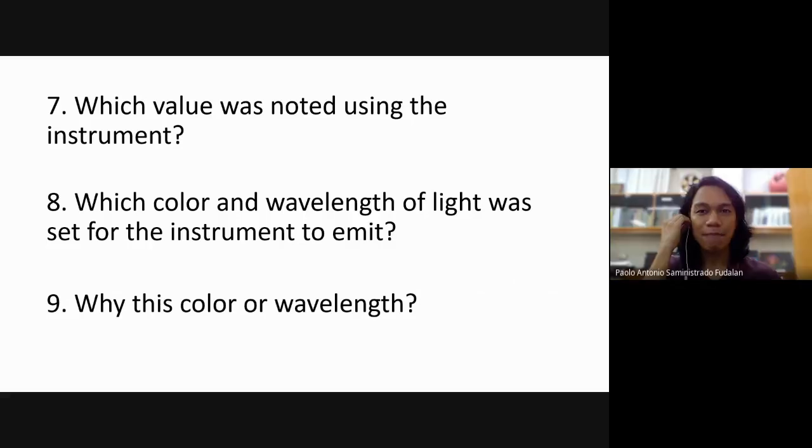So that it will appear as blue? Why, why do you want it to appear as blue? Why not use blue light na lang? It will already appear blue without the sample. Why yellow?